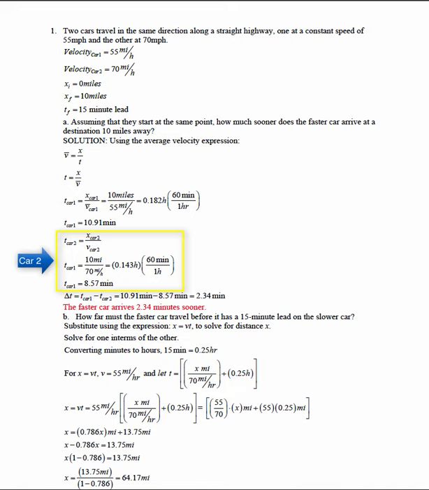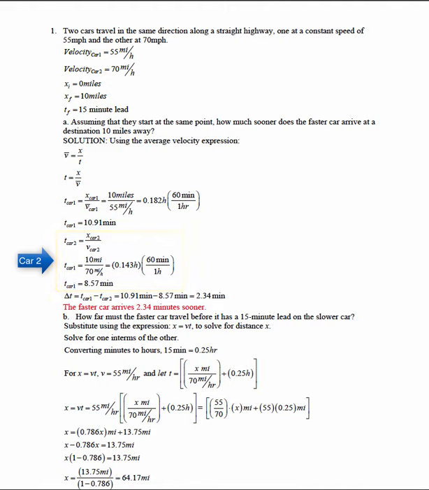When we divide 70 into 10, we get 0.143 hours because the miles cancel out. Again, we convert to minutes, 60 minutes per hour. So we now have car 2 at 8.57 minutes.